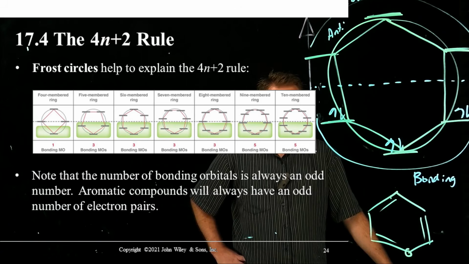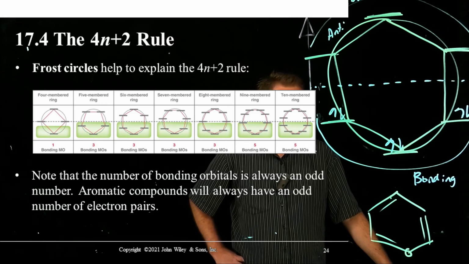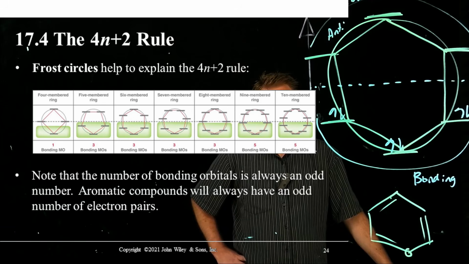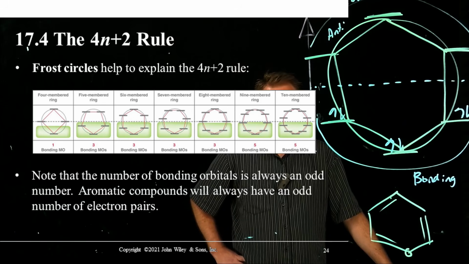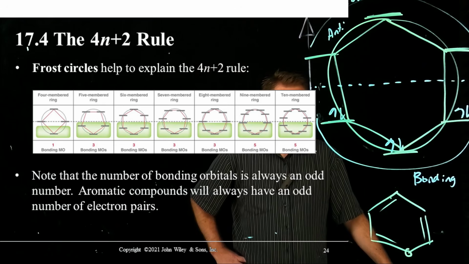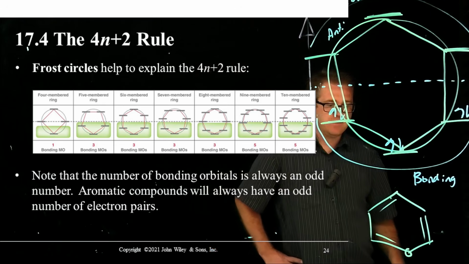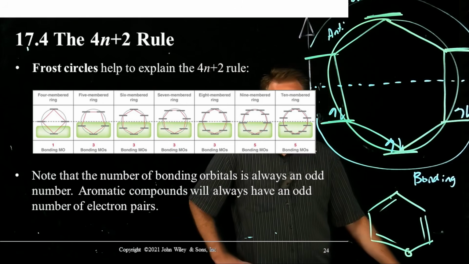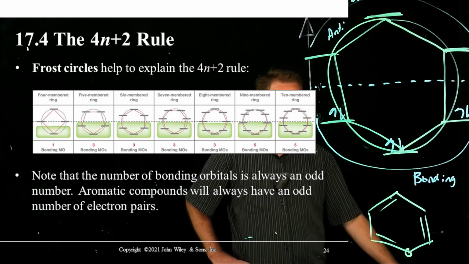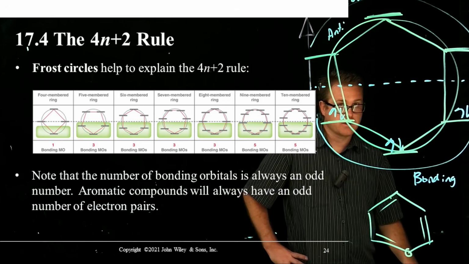In the first one with the square in the circle, you have 1 bonding orbital. And then with the 5 carbon ring, you see 3. And they're always odd. And that explains why the 4n plus 2 rule works.